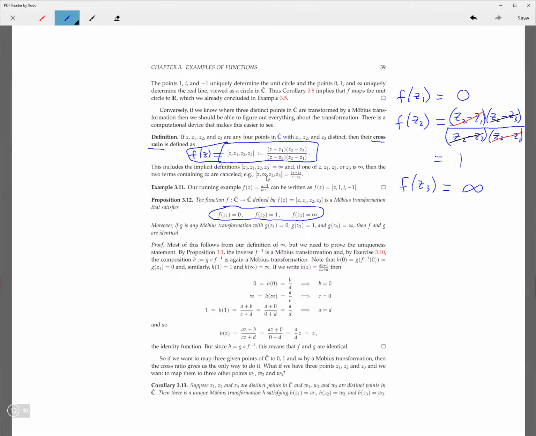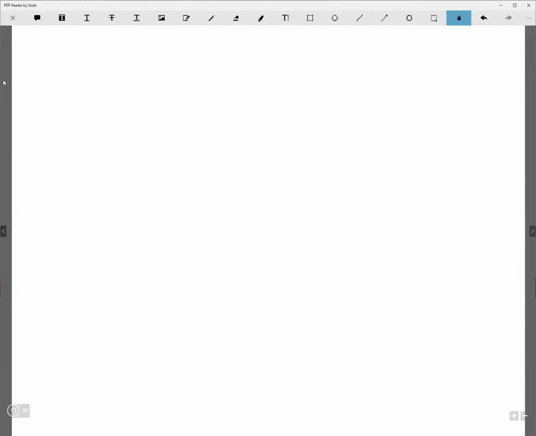Now, what you can do is use this to do almost any mapping. For example, first of all, you can do it this way. Let's suppose that we want to choose 3 different points.